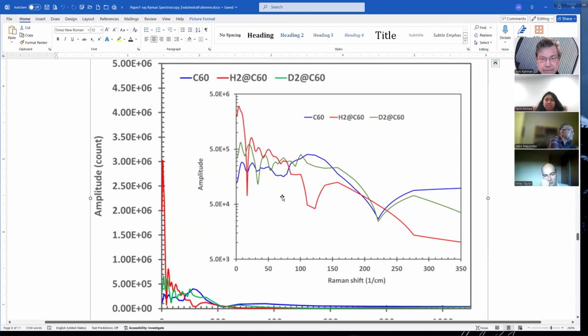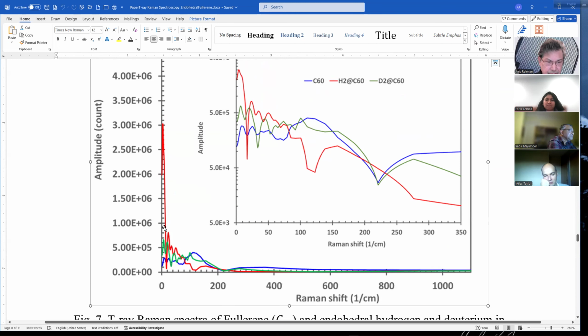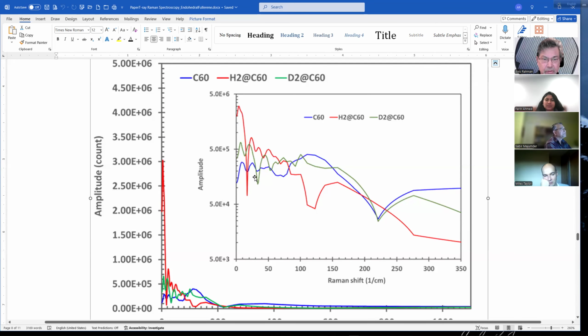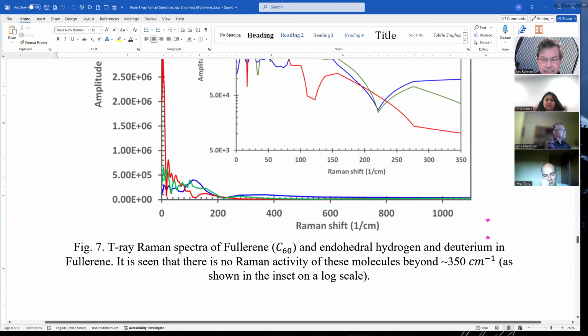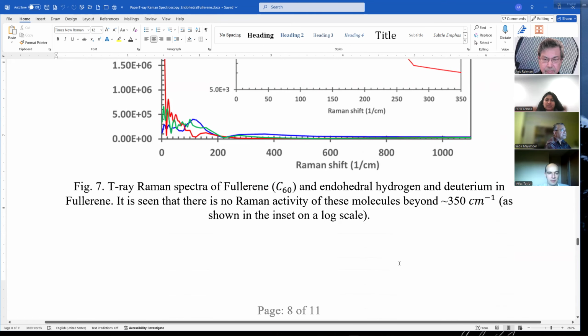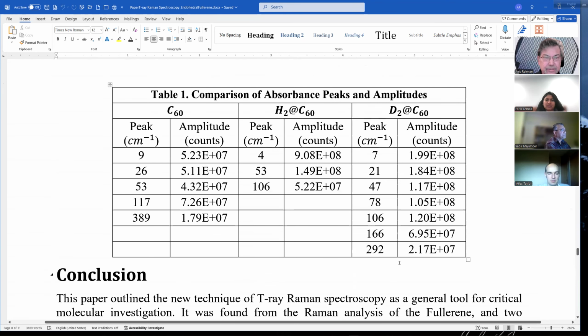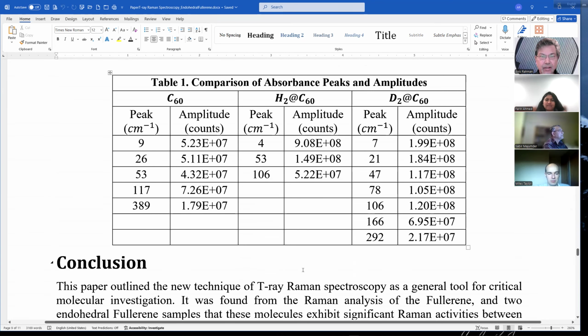With respect to the C60, now we can calculate how the Raman shift is happening, and that then becomes the signature of those particular molecules. So here is a summary comparison of absorbance peaks and amplitude.